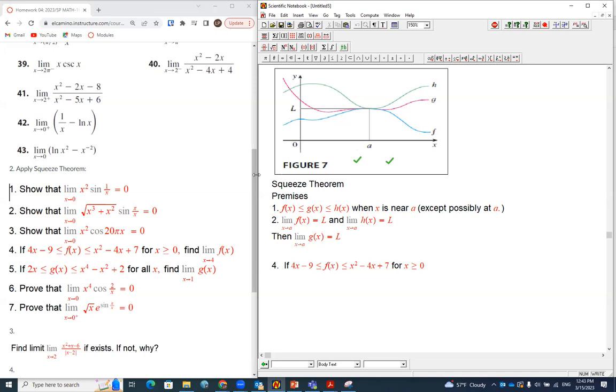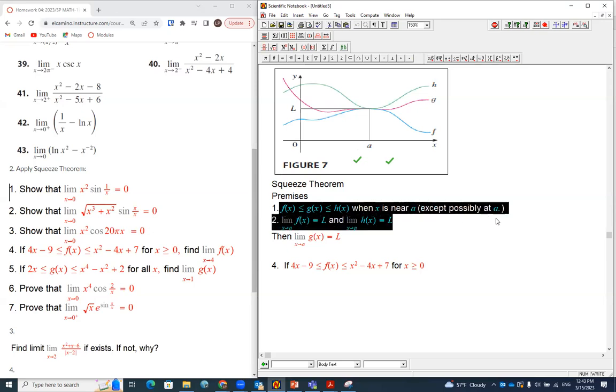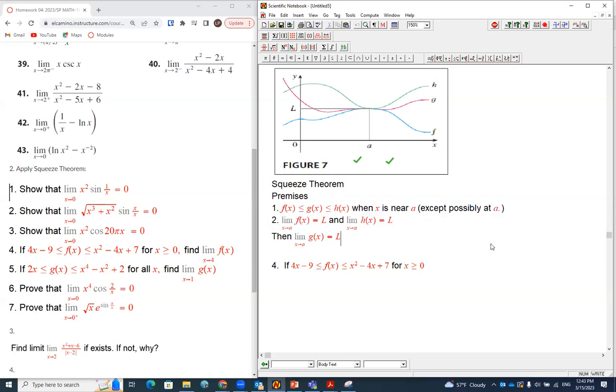If you compare the first condition, it says F is beneath G. What is F? F is 4x minus 9. What is H? H is x squared minus 4x plus 7. And what is G in this situation?